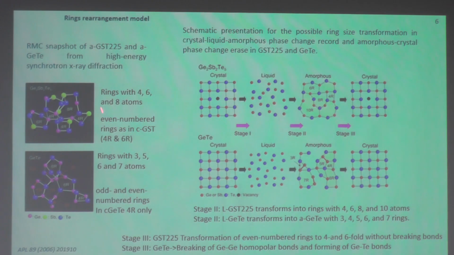In the amorphous state there are different types of rings, mostly even-numbered rings in GST, like 4, 6, and 8. In germanium telluride, they have a few more ring types, like 3, 5, 6, and 7 atoms.